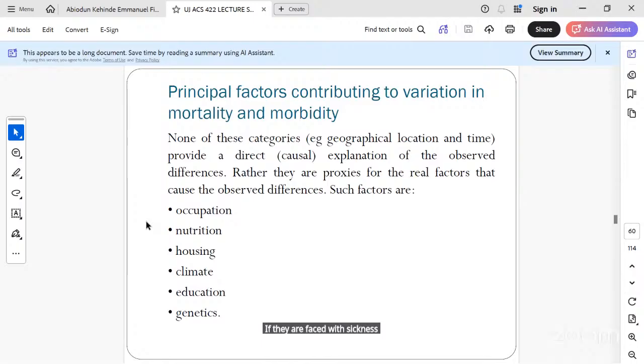Then the genetic makeup is also a factor. Some people, we all know what people face during crisis, especially those that are having excess genotype.